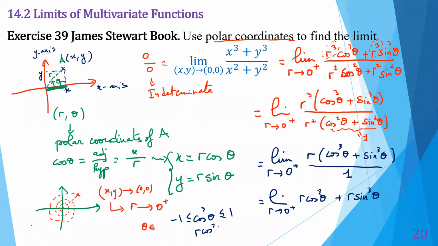So r cosine cubed will be between minus r and r. And it's clear that when r goes to 0, minus r also goes to 0. So this quantity is squeezed between two functions going to 0, so it's clear that this limit is also 0 when r goes to 0. We can say the same for this term. So finally, this limit exists and it's equal to 0.